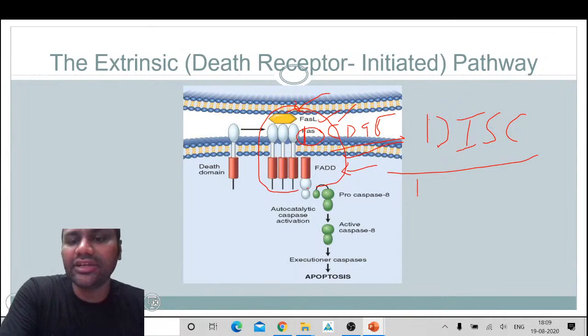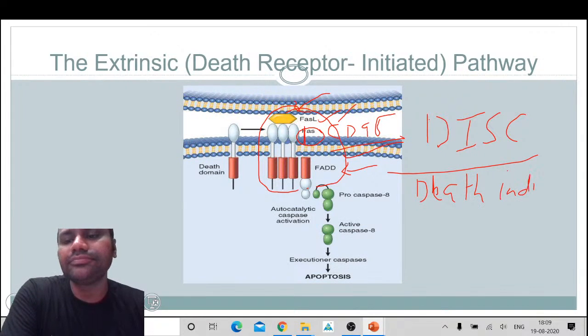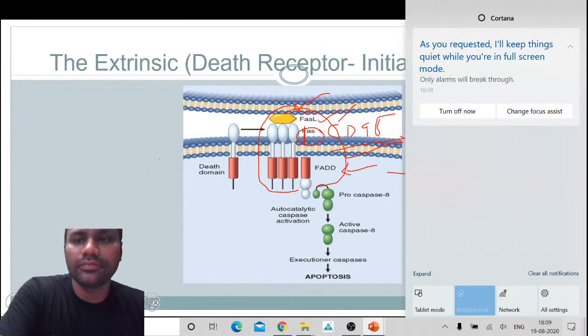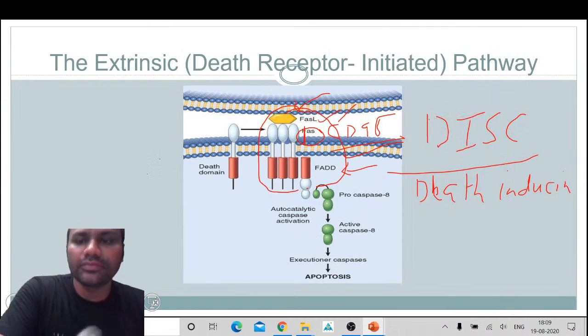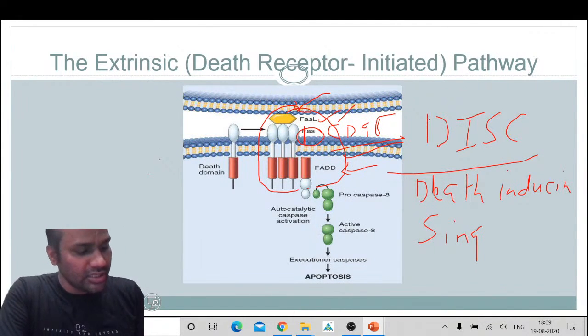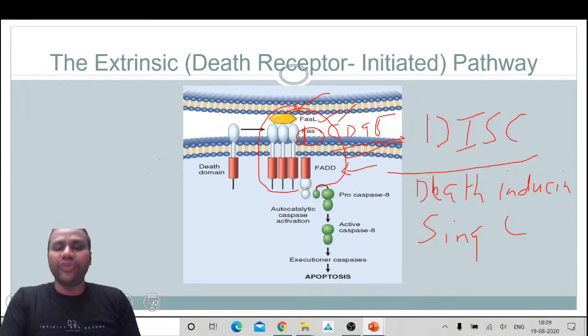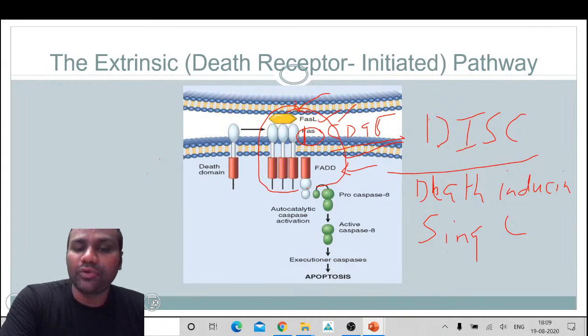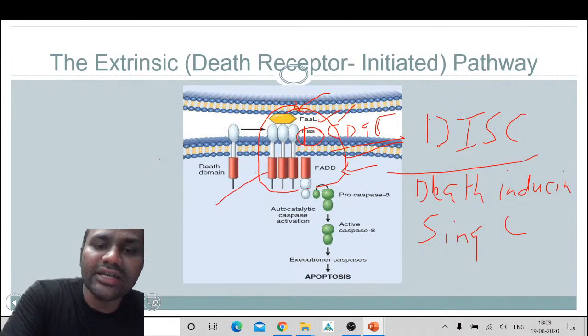So the death inducing signaling complex is formed, and the FADD adapter proteins are activated.